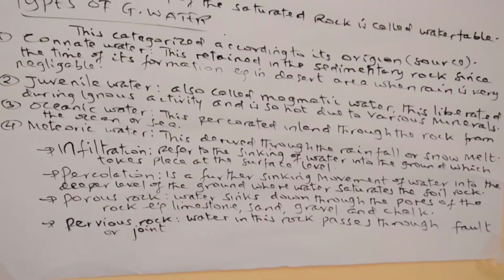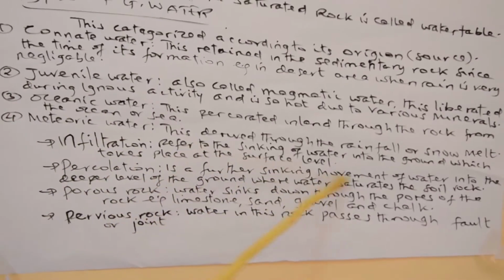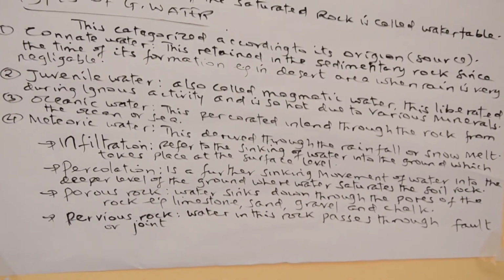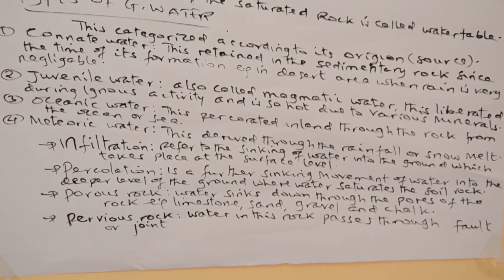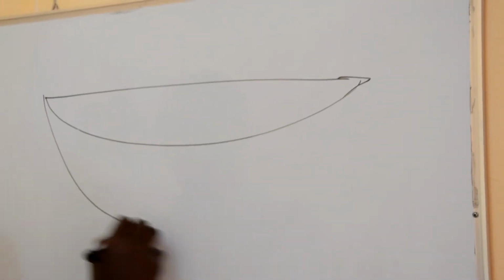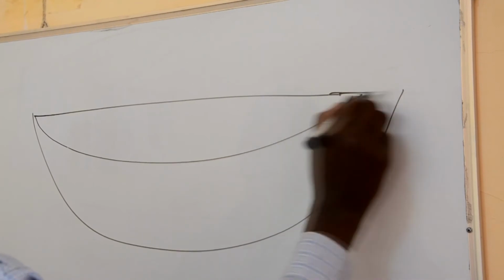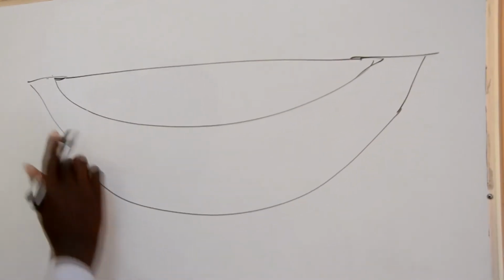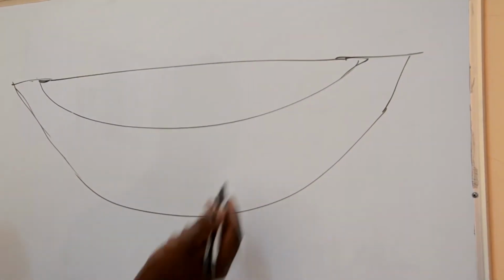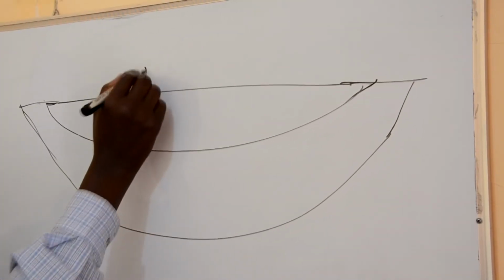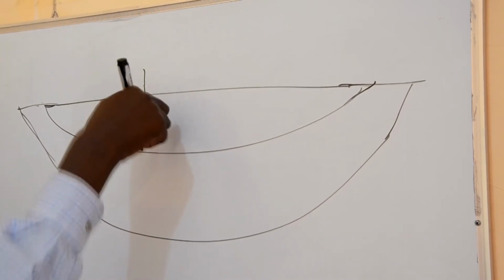For instance, infiltration. Infiltration refers to the sinking of water into the ground which takes place at the surface level. But you have to remind yourself of the difference between infiltration and percolation. Infiltration is the sinking of water nearby the earth's surface. For instance, after the water drops, either as ice crystal or rainfall, and hits the earth's surface, most of it passes through or sinks into the pores, cracks, fissures, or vents. After sinking, it can no longer exist for a long distance.